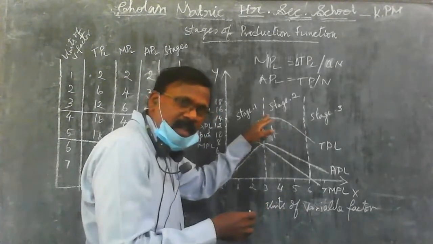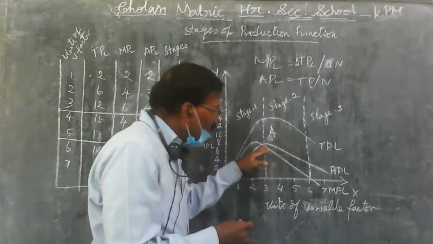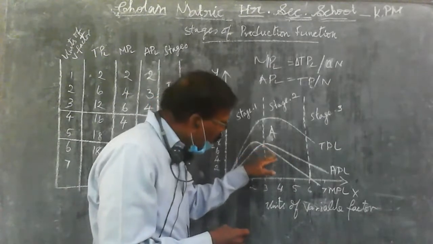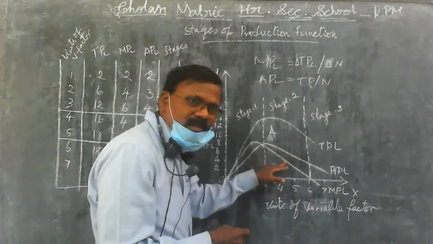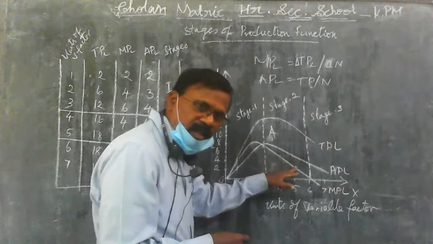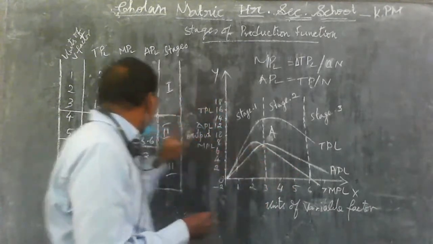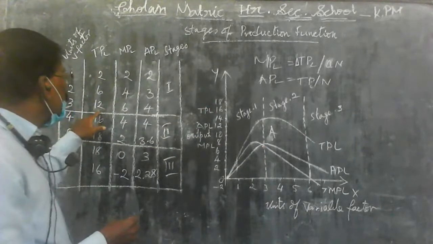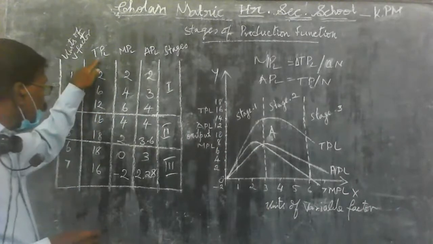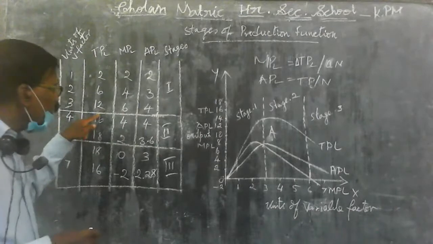The marginal product starts decreasing, that is after the third labor. Up to the third labor, the total product increases at an increasing rate.